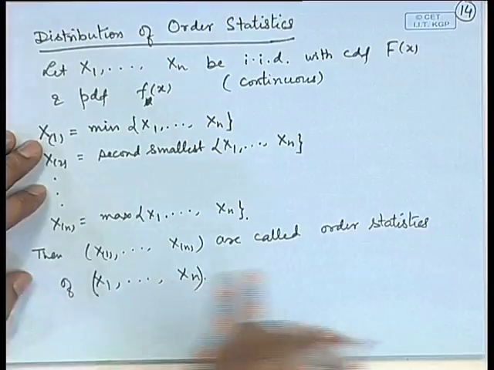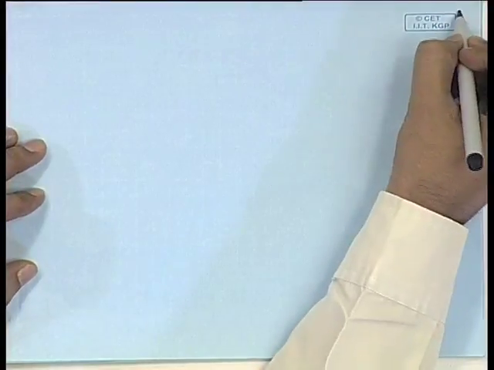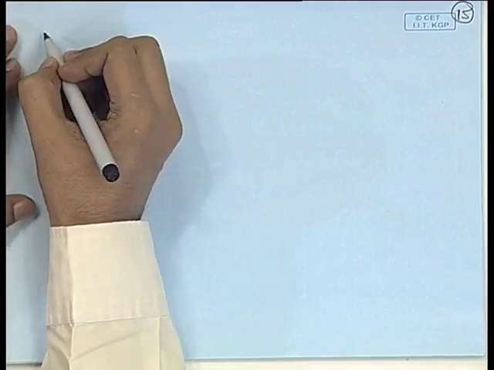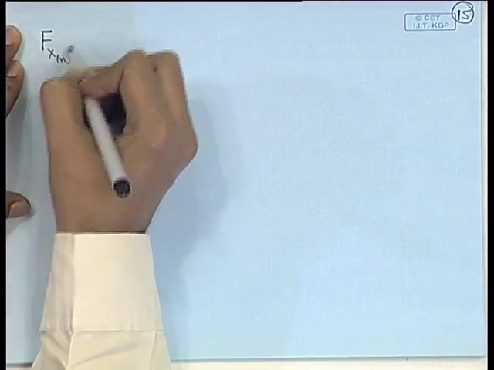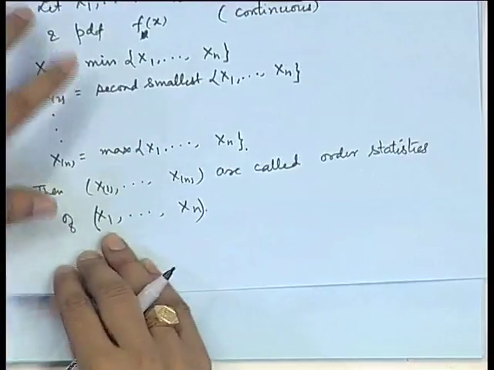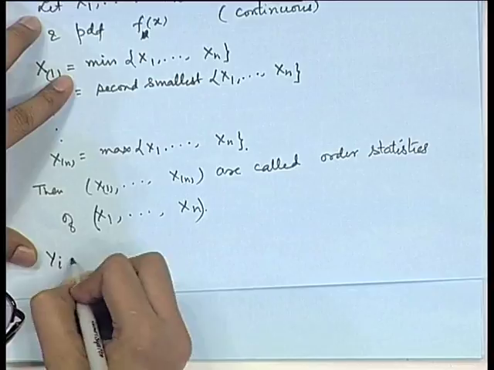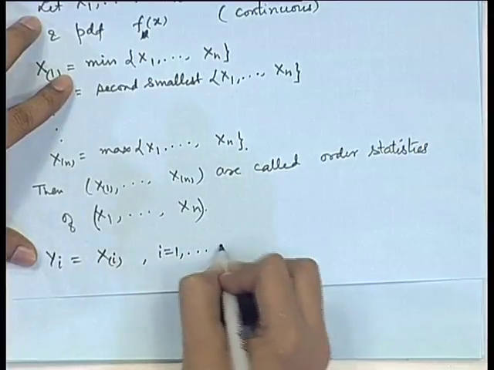So, in general we are interested in order statistics and therefore the distributions of the order statistics. Suppose we want to find out the distribution of X(n). We may use a direct approach. Let me use a notation here, say Yi is equal to X(i) for i equal to 1 to n.